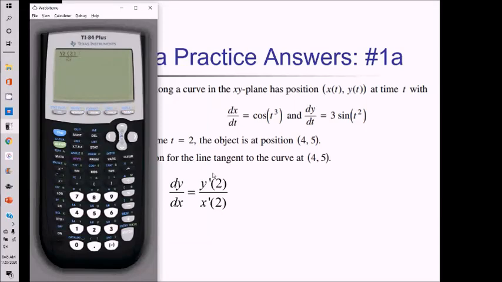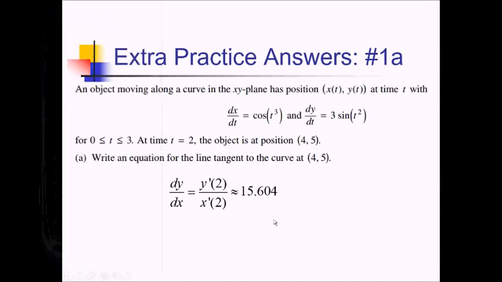And down below, I need x prime of 2, so that's going to be alpha trace y1. That's where I stored x prime. Plug 2 into that. Press enter. Oops, let me plug 2 in. There we go. So that comes out to about 15.604.